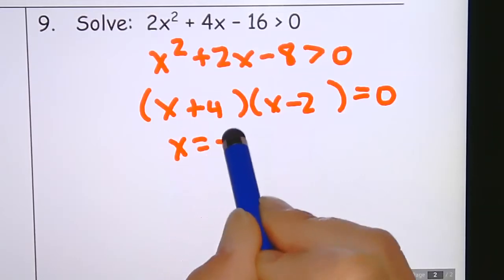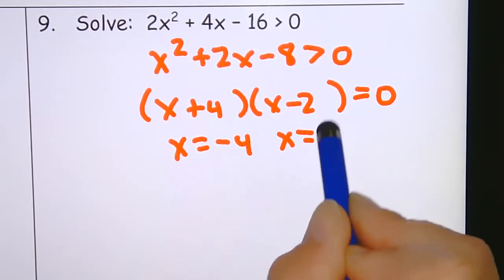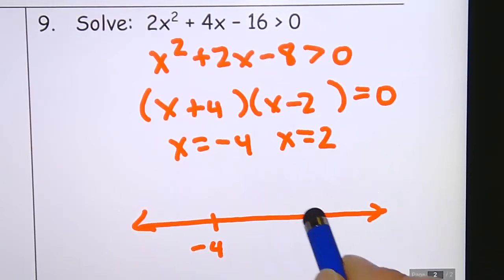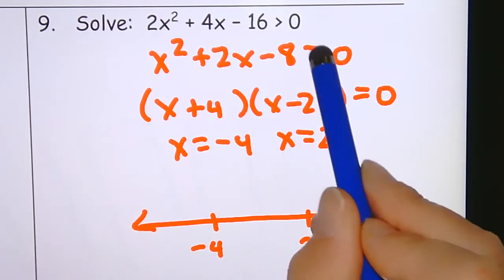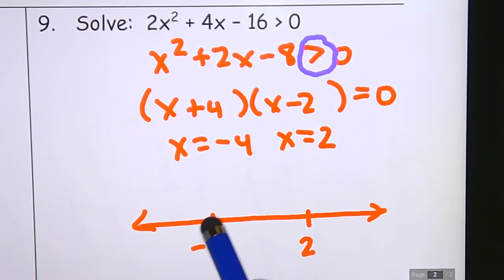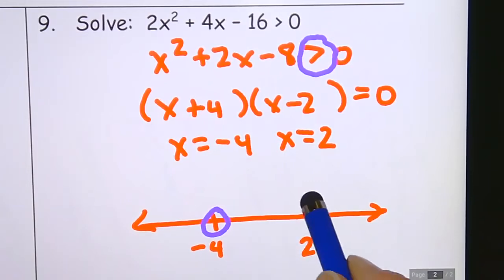So I'm going to get x plus 4 and x minus 2. So if I'm doing this on a number line, here's negative 4, here's 2. These are going to be open circles because this is strictly greater than. There's no equal. So that means these are open.